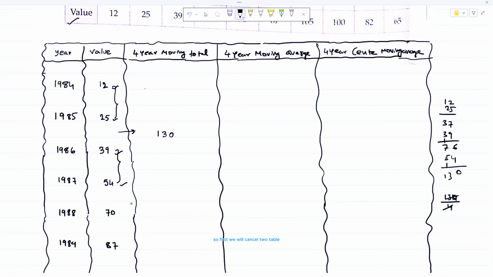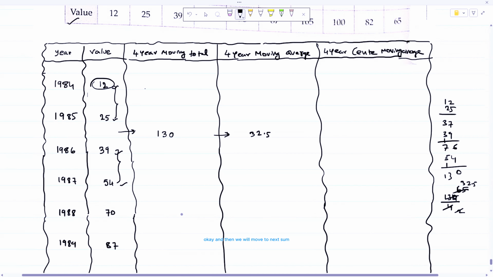First we cancel 2, so 65, and again, if you cancel, it will be 32.5. The last column, I will tell you how to do that. So if you divide by 4, you are getting this one. And round the first value. Then we will move to the next sum.